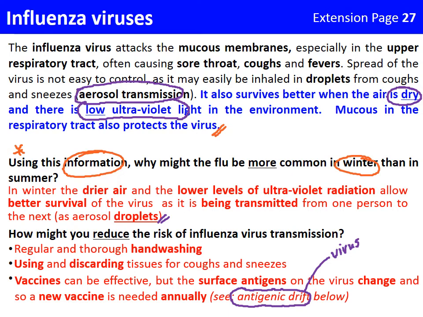So most vaccines will actually now contain about 3 different viruses or fragments of the virus that are injected into the individual at the same time, and they're normally the most 3 prevalent strains of the virus that are present at that time.